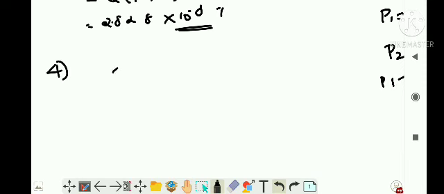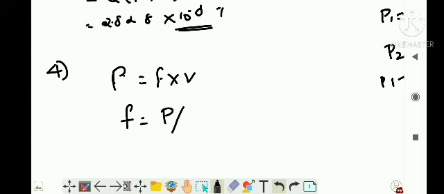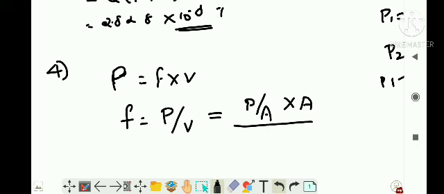Now you know power P is equal to F into v. I've taught it, right? So I can write force is equal to power by velocity, and for what it is power. Now you have been given watt per meter square, means you are given power by area. So if I multiply here with area, can't I get P itself?